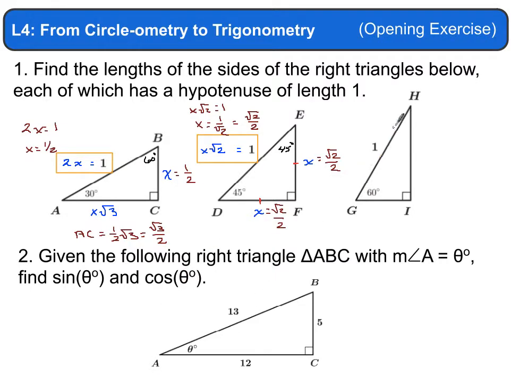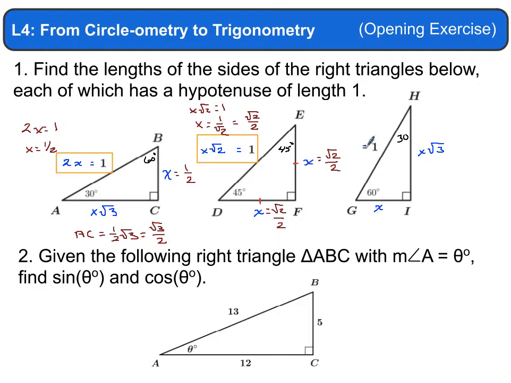This last one has a 60, which is also the same as the other triangle. So this is another 30, 60, 90 triangle. Remember, opposite of the 30 is the x. Opposite of the 60 is the x square roots of 3.